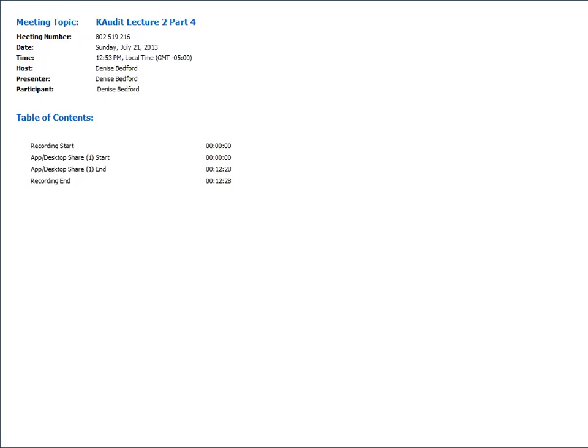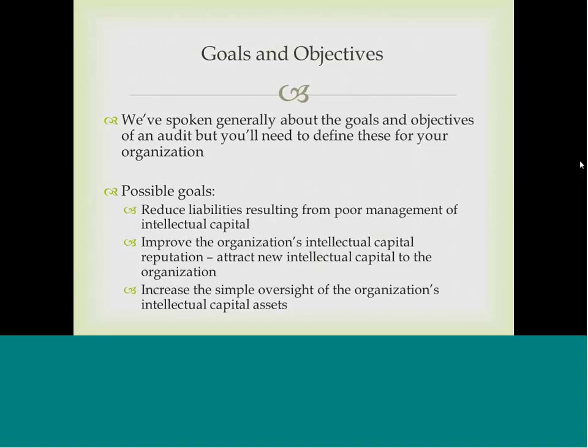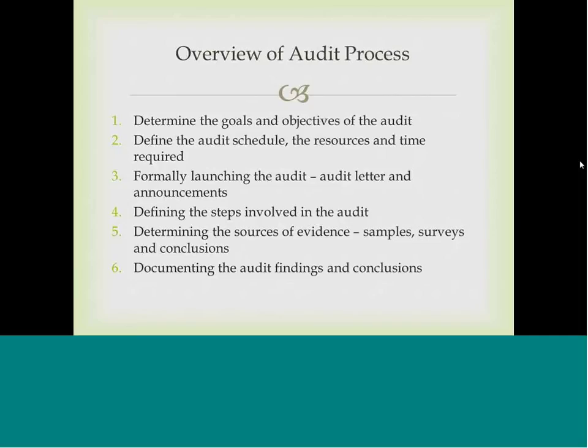Documenting the audit findings and those conclusions. So we've spoken generally about the goals and objectives of an audit, but you'll need to define these for the organization that you're auditing, whether it's internal or external audit. Some possible goals. Step 4 involves defining the steps that are involved in the audit.